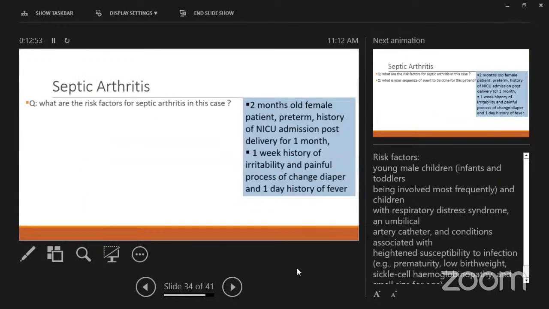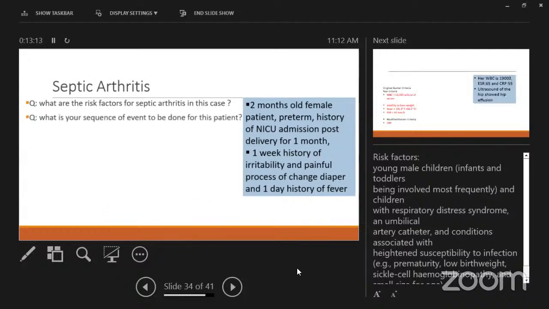Septic arthritis is an infection in the synovial membrane in the joint. Now, in a scenario, a 2-month-old female patient, preterm, history of ICU admission after delivery for 1 month, 1 week history of irritability and painful range of motion, and 1 day history of fever. What are the risk factors?